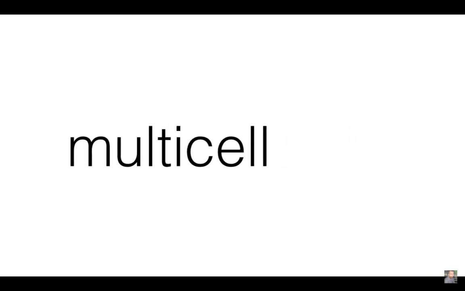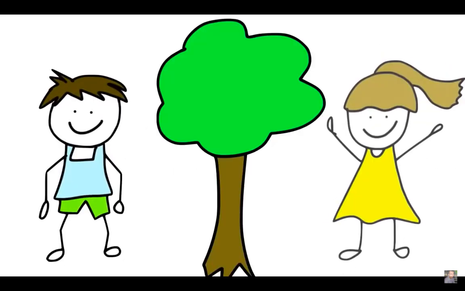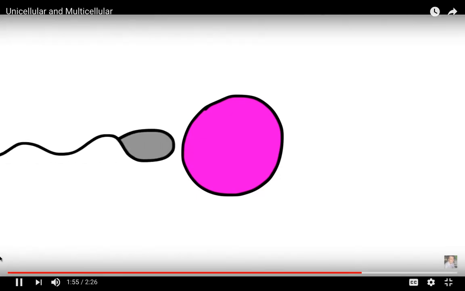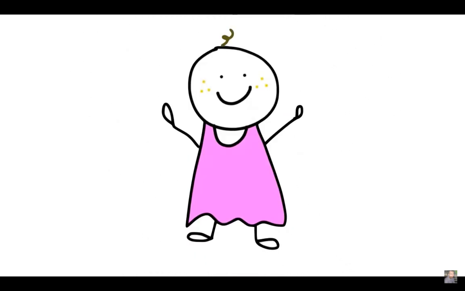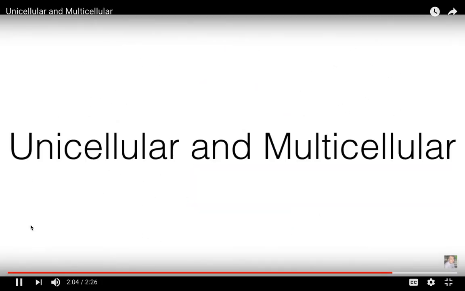Land plants and animals are multicellular. Although you are made with a large number of cells, one day you were formed by a fertilized egg cell. That cell developed through the process of cellular division to become the complex organism that you are today. Unicellular and multicellular.